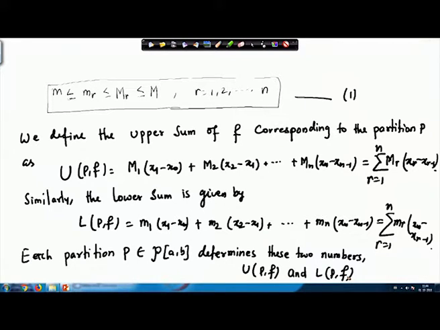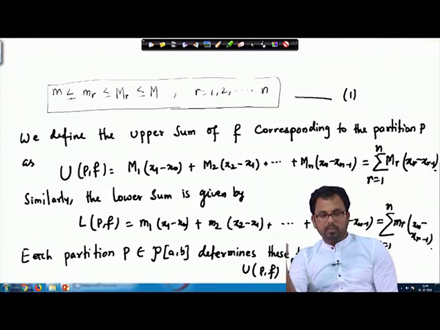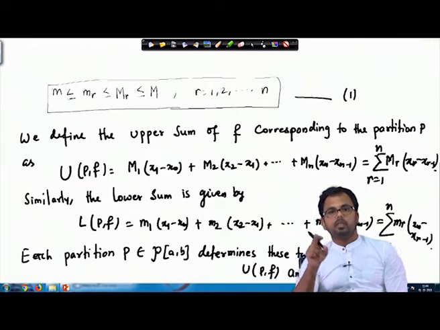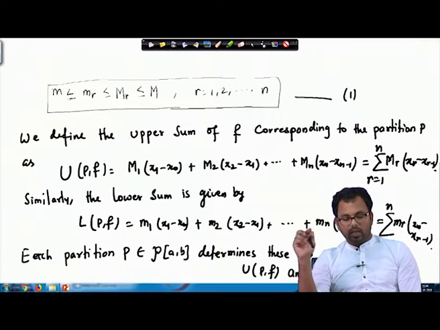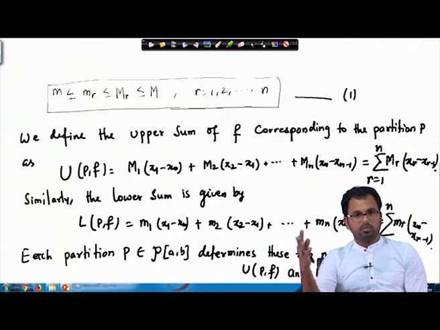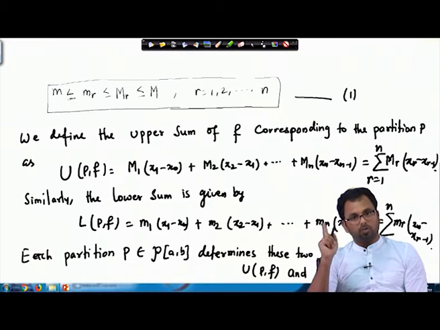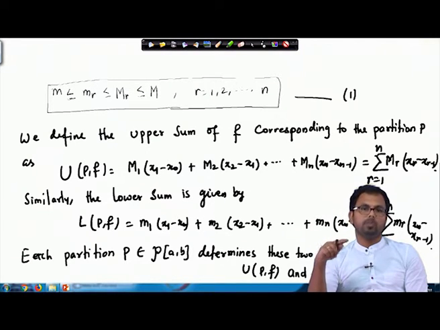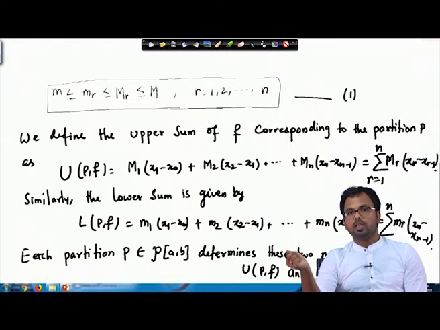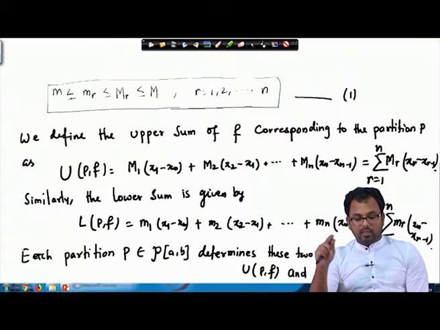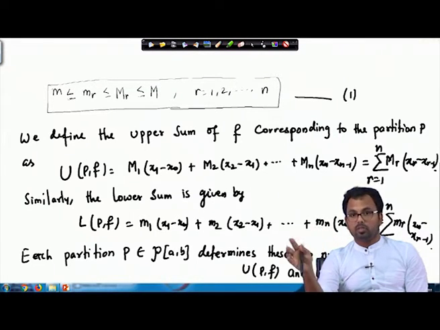For every partition P, we get the points x0, x1, x2 up to xn, and based on those points we obtain our subintervals x0 to x1, x1 to x2 and so on. On each of these subintervals we can find the lower bound and the upper bound for the function f, mainly because the function f is bounded on [a, b].